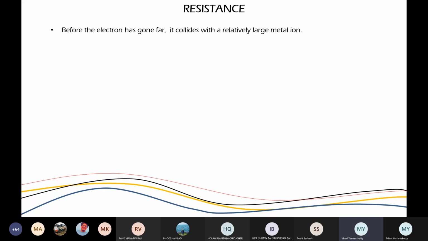Atom has a nucleus and has orbits in which you have your electrons. Now once the electrons get lost, they become free, it becomes a positive ion because now there are more protons, right? So in that case, you will have a positive, relatively large metal ion, and that is where my resistance comes in.